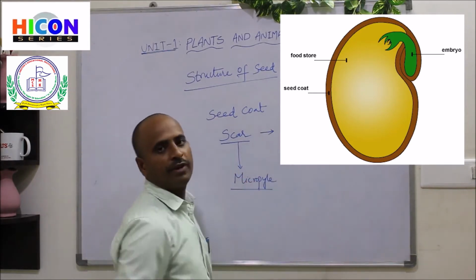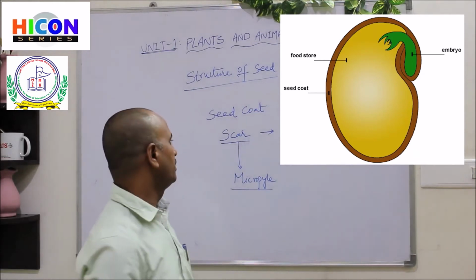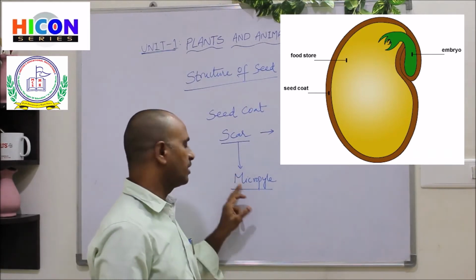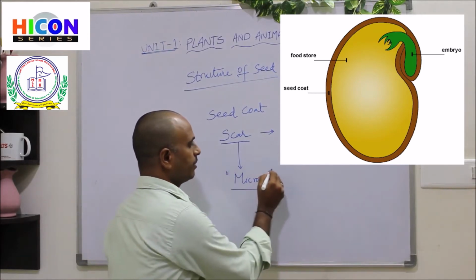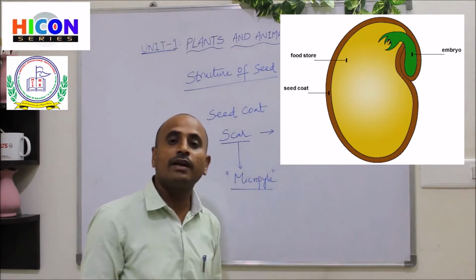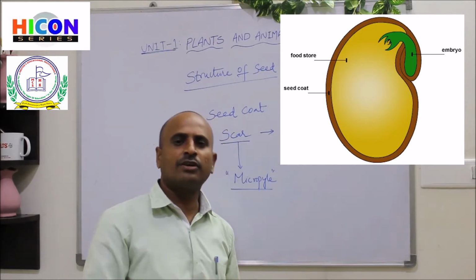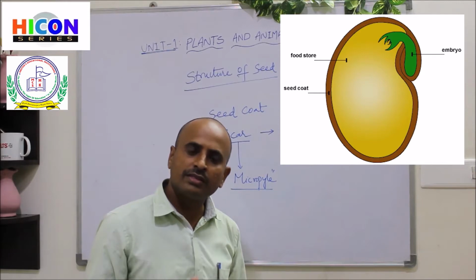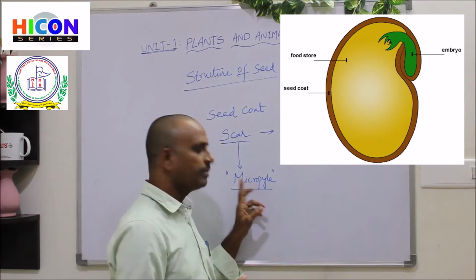Through this micropyle the water enters into the seed. So when we plant a seed under the soil and pour water on it, the water will enter into the seed through this micropyle.